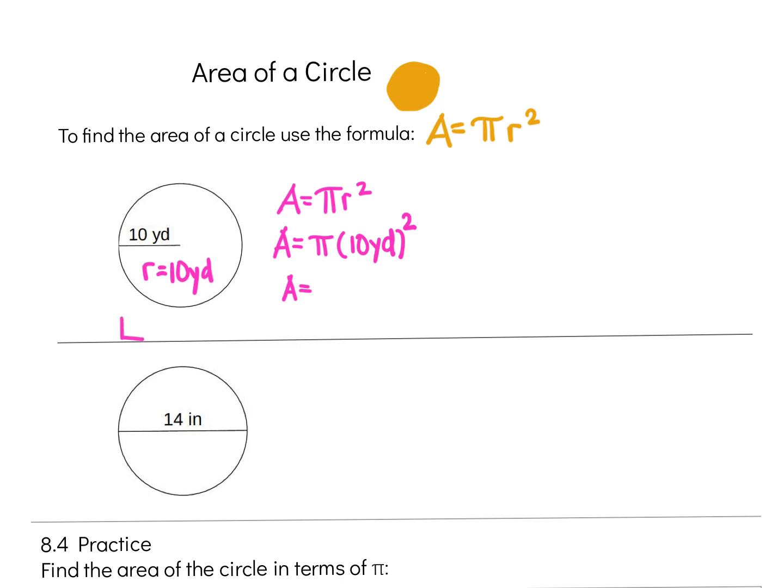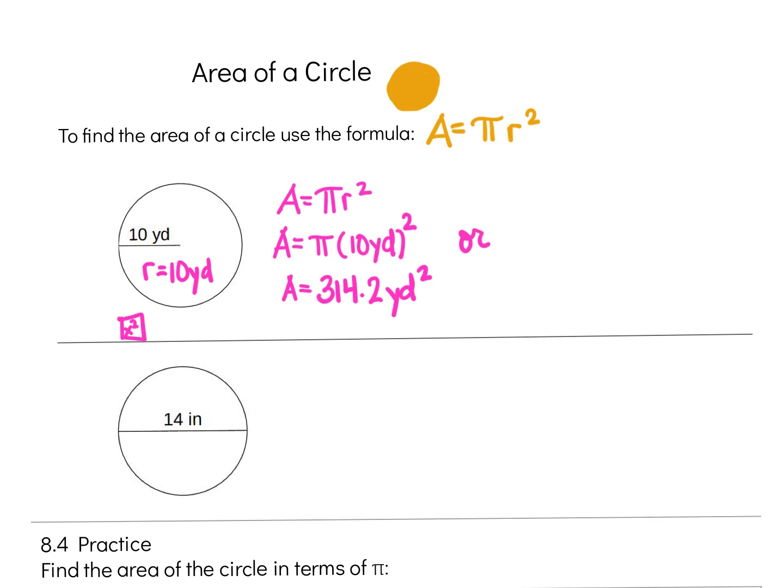So this button that says x squared, you can use that to square a number, or you can just write 10 times 10. So rounded to the nearest tenth, our calculator is going to give us 314.2, and then our units are yards squared.